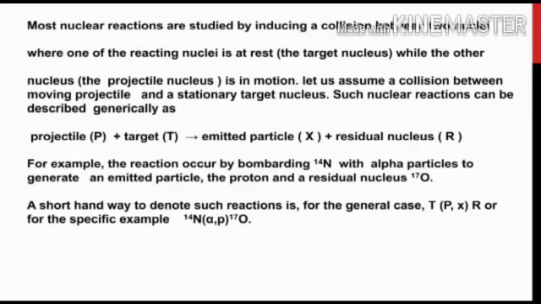Then we write the projectile and ejectile in parentheses. Here the projectile is the alpha particle and the ejectile is the proton. So both alpha particle and proton are written within the parentheses, separated by a comma. On the right side of the parentheses, the product nucleus must be mentioned.